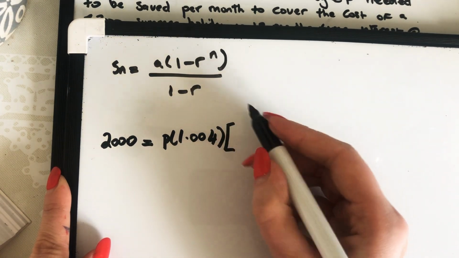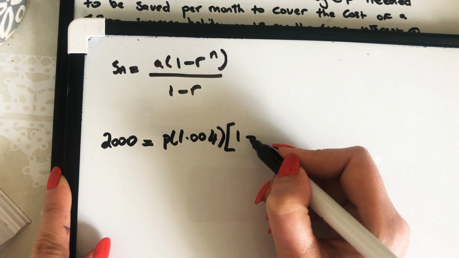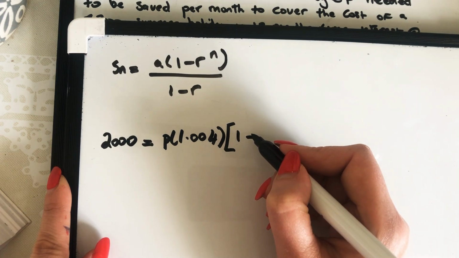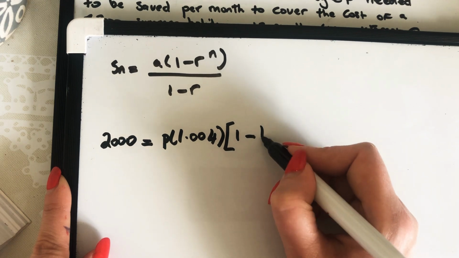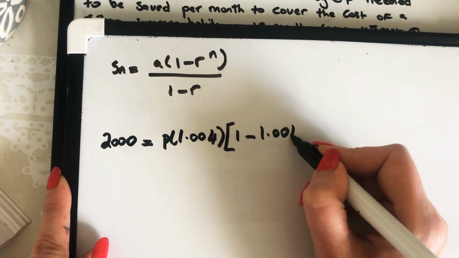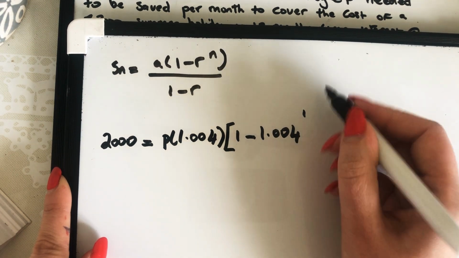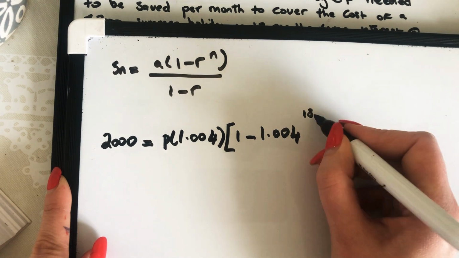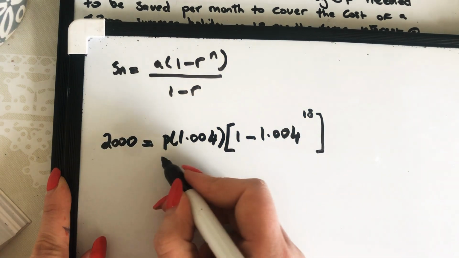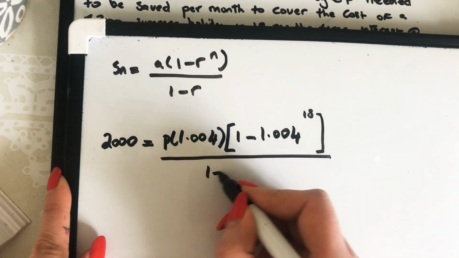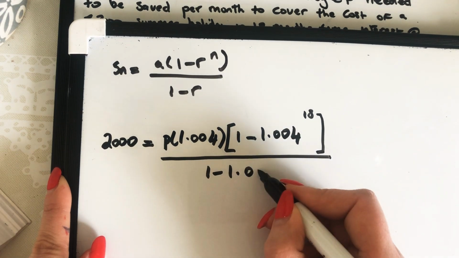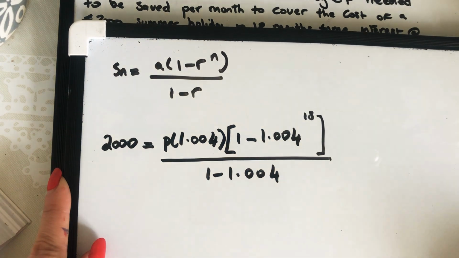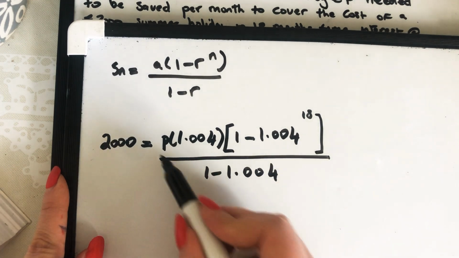Next up, put in the 1 minus our r value, 1.004, and our power is 18 because we had 18 terms, all over 1 minus 1.004.